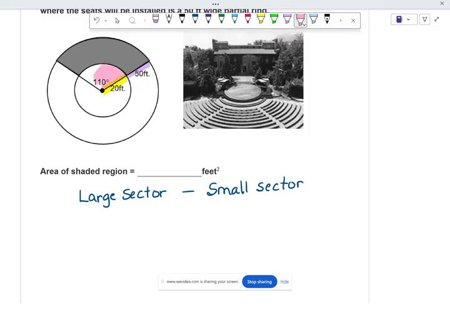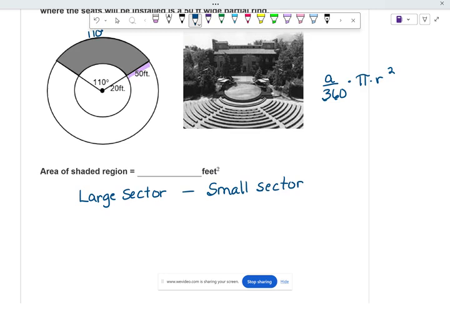That would be if I had the whole entire slice of circle colored in, what would be the area of that green portion? Well, area is A over 360 times pi r squared. A is the measure of the central angle or the measure of the arc. Since the central angle is 110, I know that the arc for the larger sector is also going to measure 110.